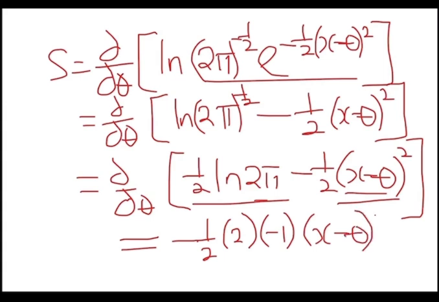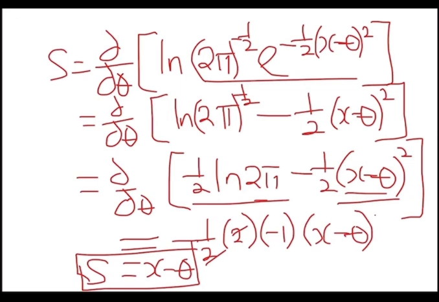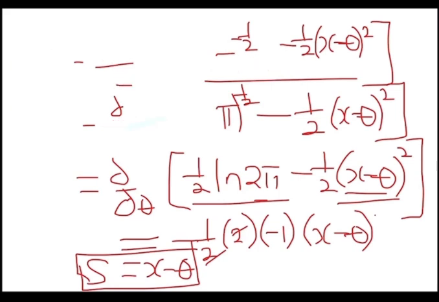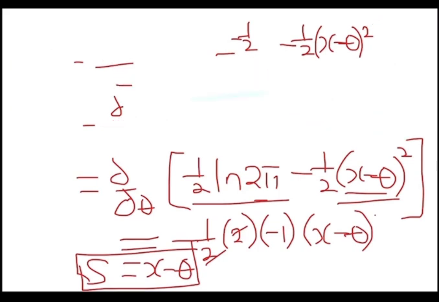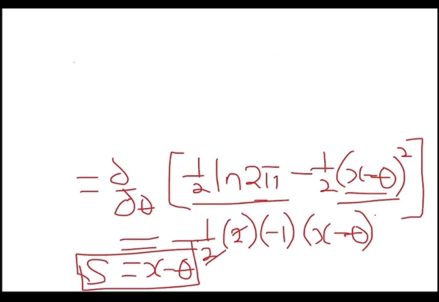So what I'm actually going to have, this score function here, is actually x minus theta. Of course, I showed you the other time, the expected value of a score function must be 0. So let's see. All we're going to do is take the expectation of both sides.